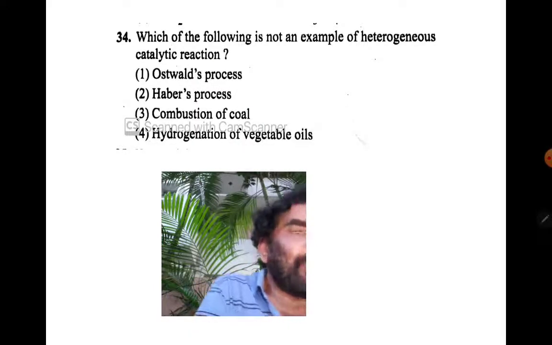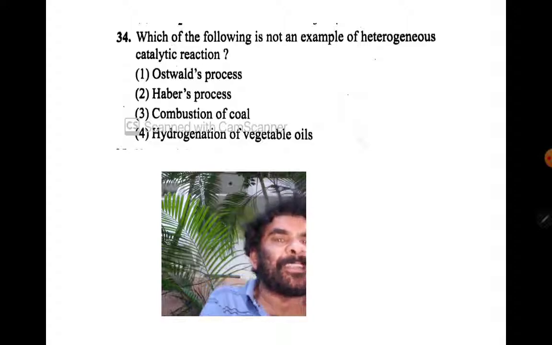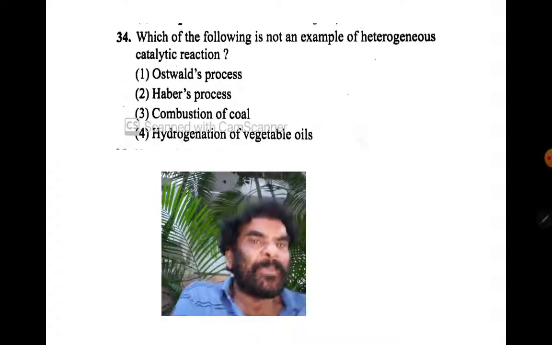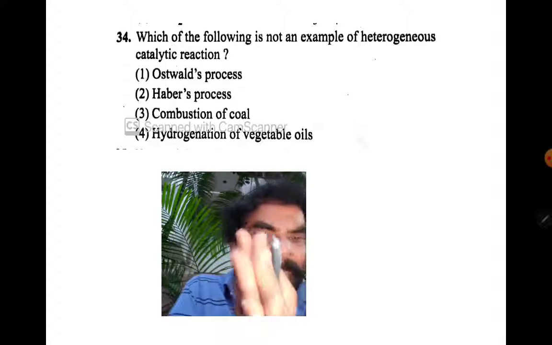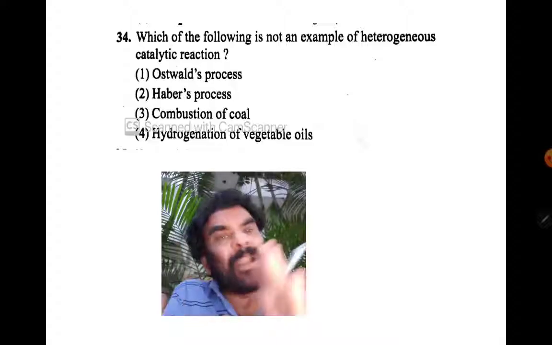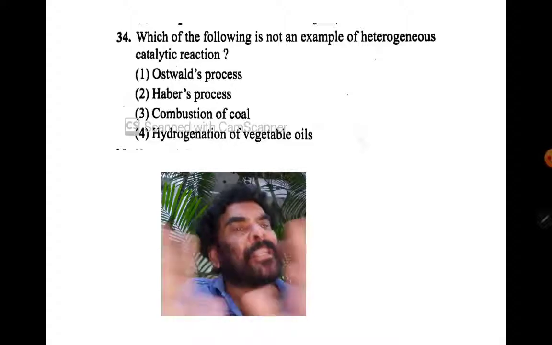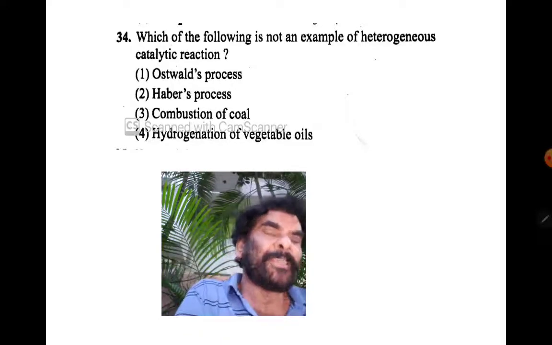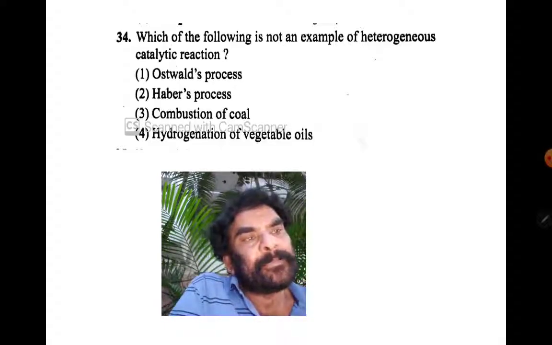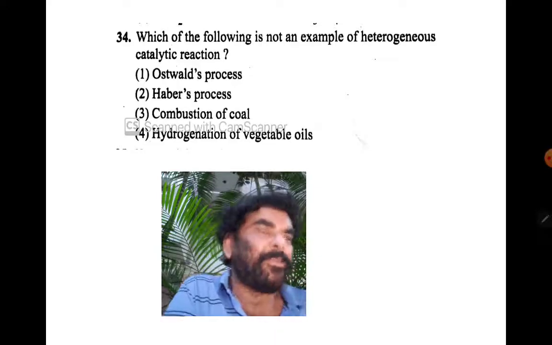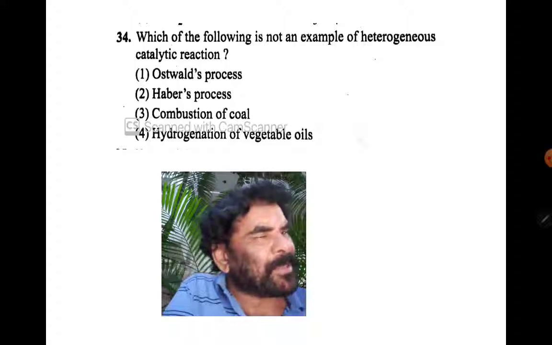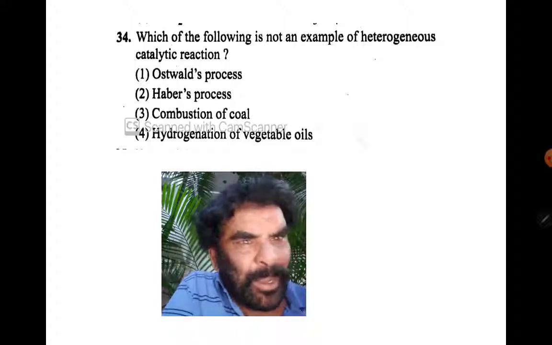Which of the following is not an example of heterogeneous catalytic reaction? In surface chemistry, as I told you at the beginning, there are three parts. For our convenience: adsorption, catalysis, and third, colloidal systems, colloidal solutions. The catalysis part is a very small part, about one or two classes.